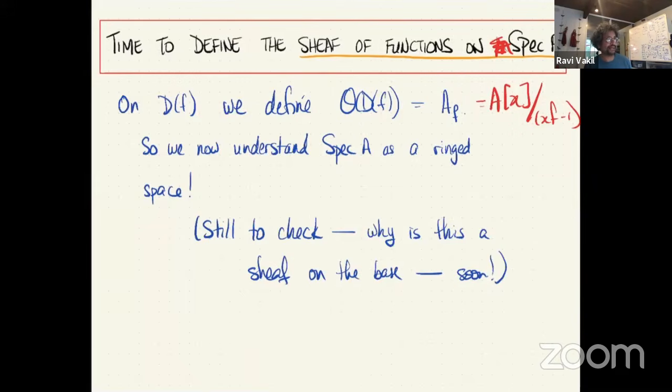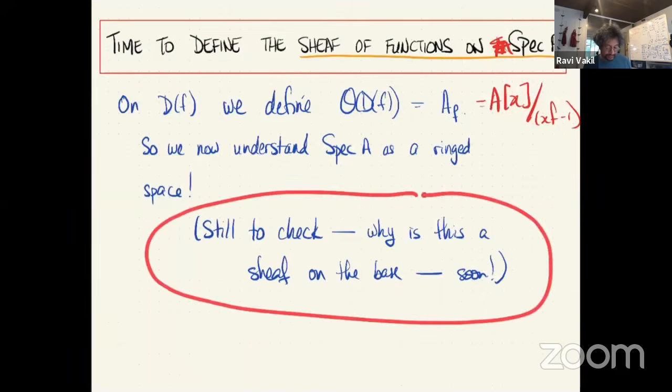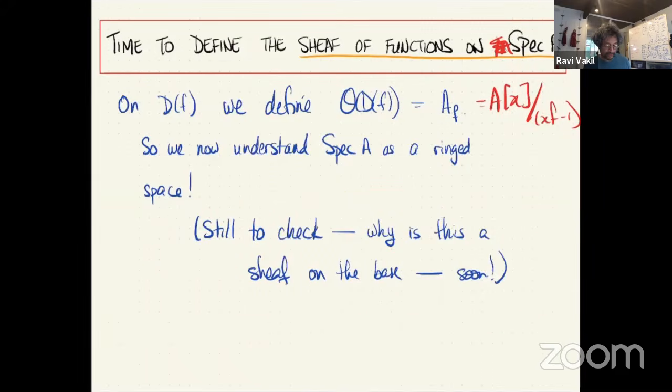So let me table that, and you can just believe me for now, or don't believe me, it's up to you, but I will pay that off later on. Let's just see what happens if we don't worry about it and we know it's a sheaf. We can just calculate stuff. In particular, you should appreciate that you can just calculate stuff without the messiness of proving things are sheaves once you've done this once and for all.